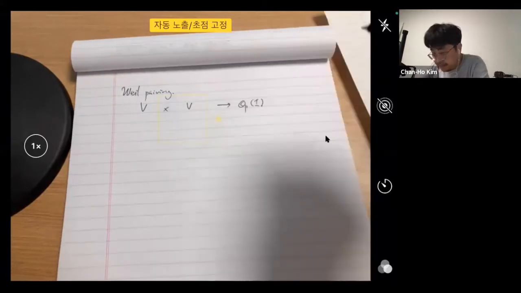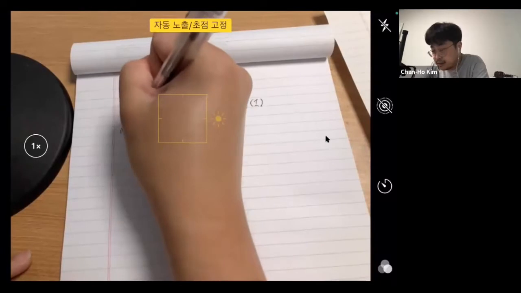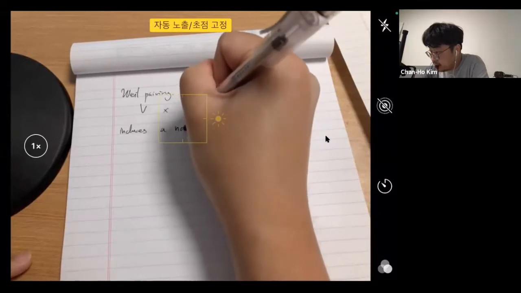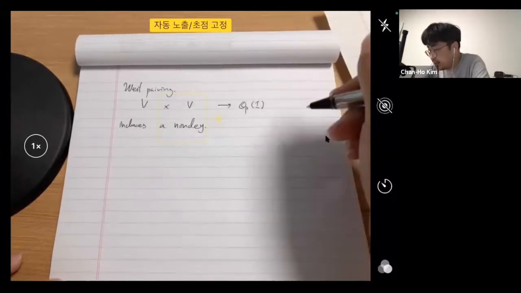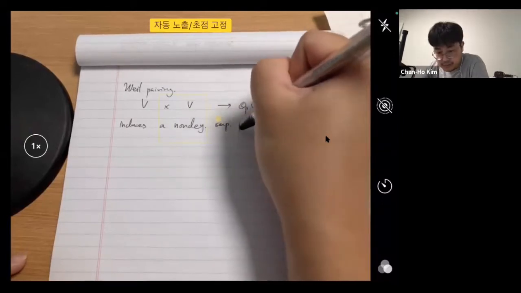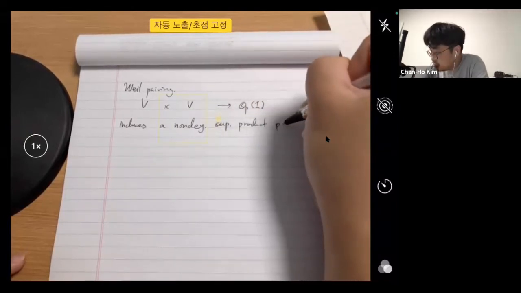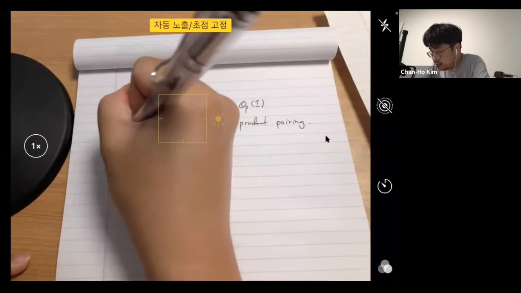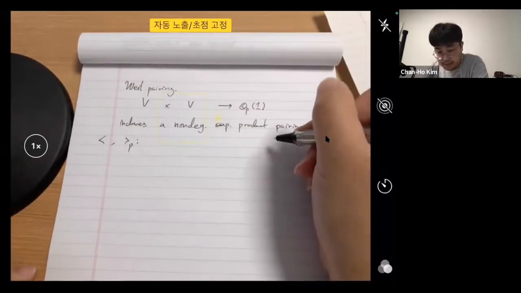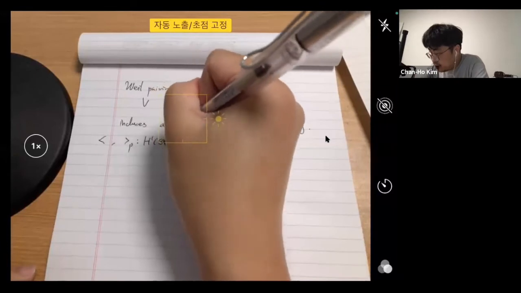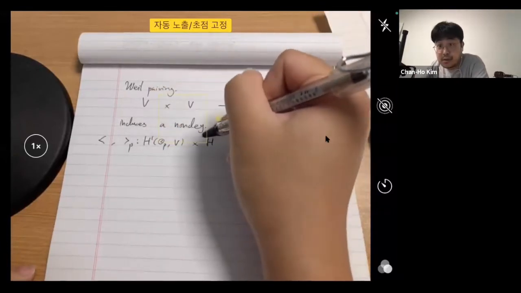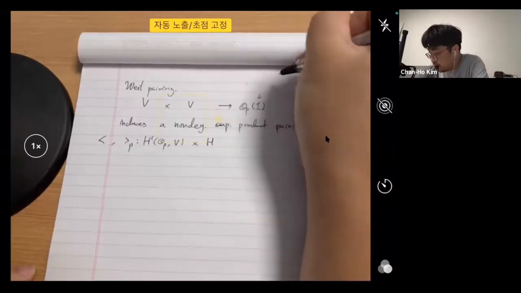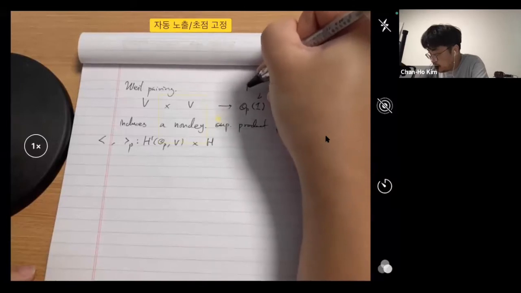So this Weil pairing induces a non-degenerate cup product pairing, namely the local Tate pairing indeed, from the local Galois cohomology times local Galois cohomology. Q_P is just the trivial Galois module, and this is the Tate twist.